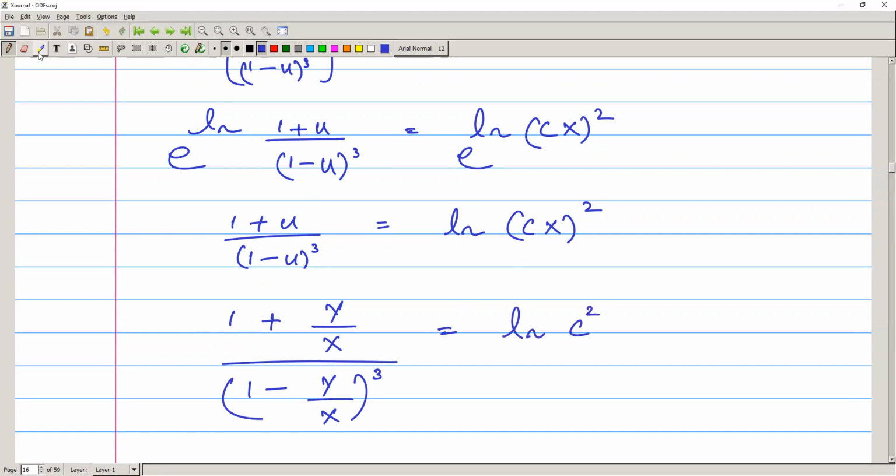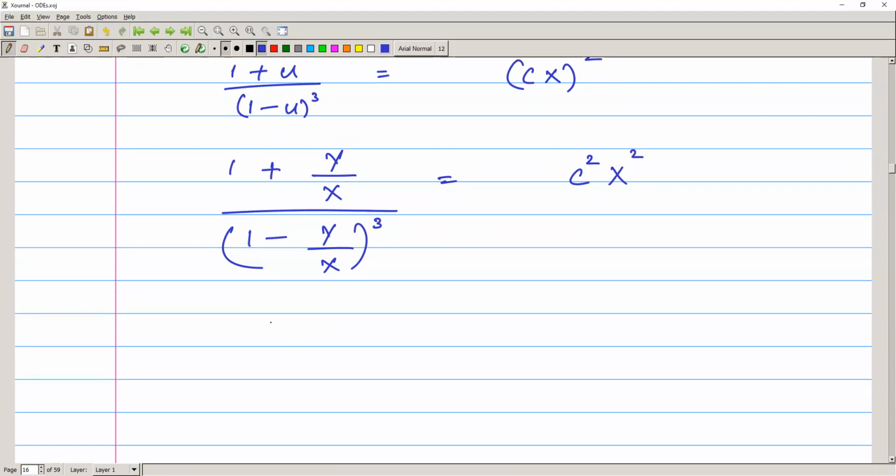Sorry, now the ln is cancelled with this e. It becomes 1, e to the power ln becomes 1, right? So we're left with c squared x squared.